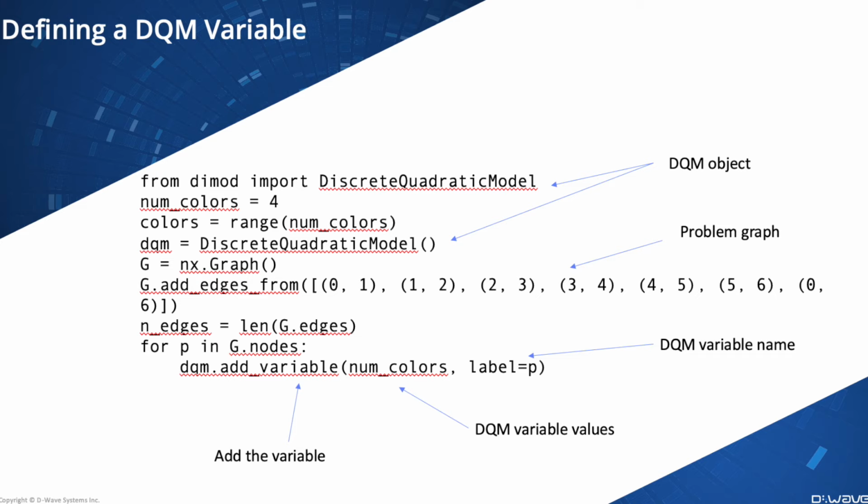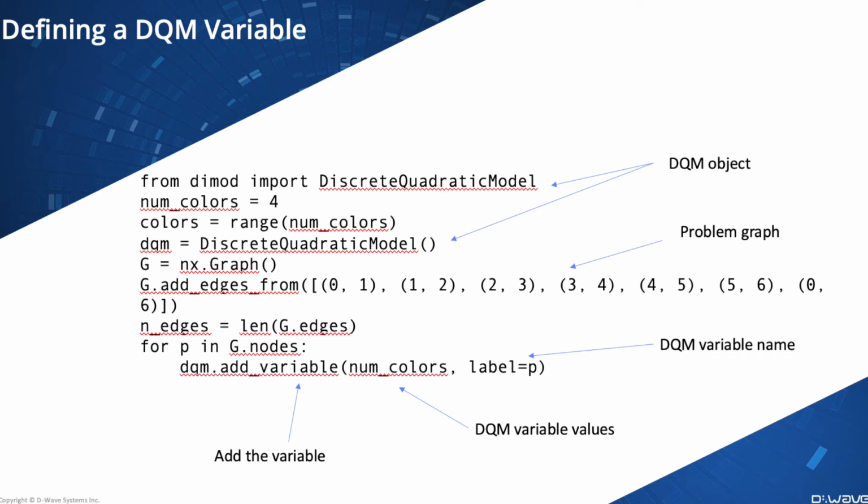But the next thing that we do is instantiate a discrete quadratic model, which is going to receive the variables that we want to define. And in the next couple of lines, we set up a NetworkX graph just representing this hexagon that we looked at pictures of just a few moments ago. You can see 0 to 1, 1 to 2, and so on until you get back to 0 to 6, closing the, excuse me, not the hexagon, but the septagon, the 7-sided figure, closing the loop.